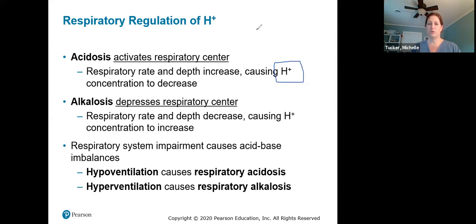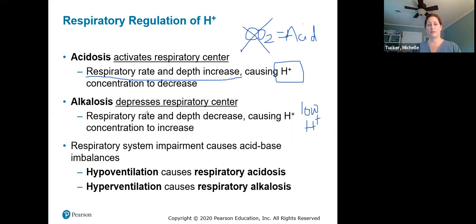If CO2 is an acid, in order to compensate for acidosis, we need to get rid of CO2. Under states of acidosis, respiratory rate and depth are going to increase. So we can get rid of CO2 and, in effect, get rid of the hydrogen ion.